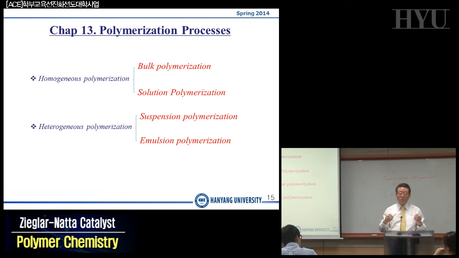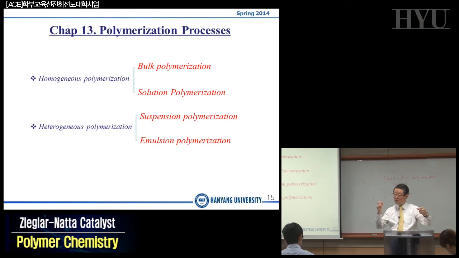In the case of bulk, you have a very rapid increase in the temperature all of a sudden, so there might be an explosion. But in the solution polymerization systems, it's slowly increasing, so you can have a jacket around the reactor, so that you can control the temperatures of your polymerization systems.